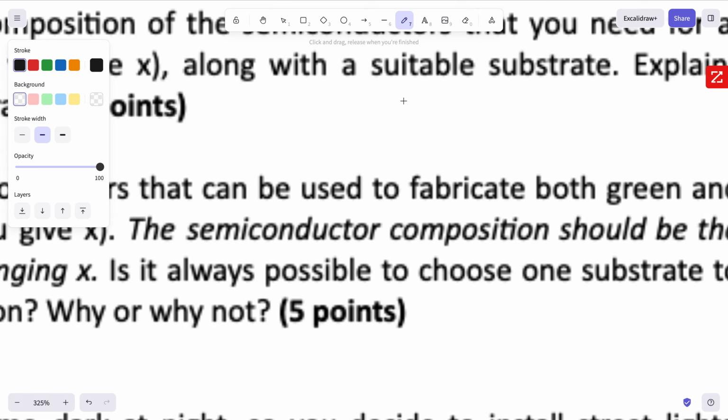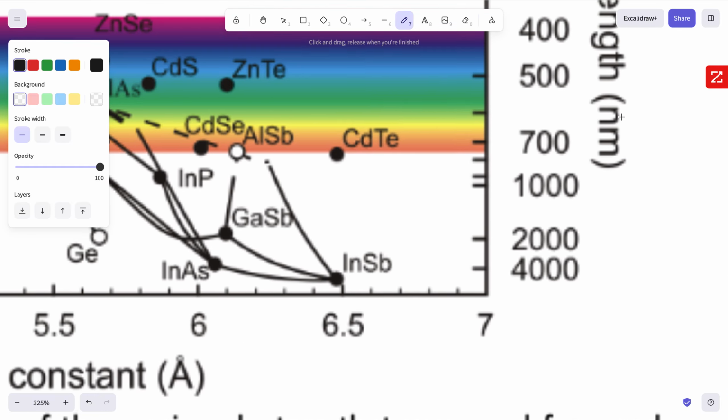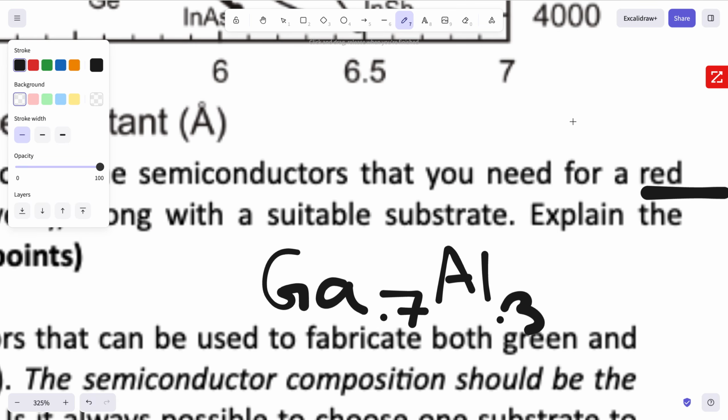So we can write that out as Ga 0.7, aluminum 0.3, and arsenic.